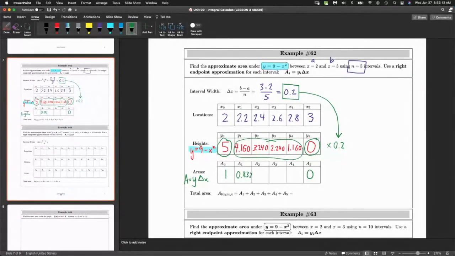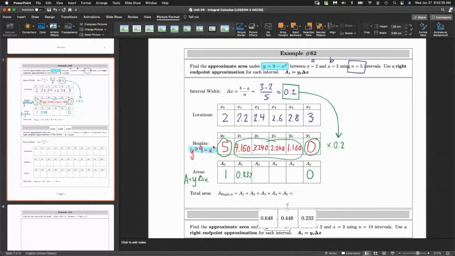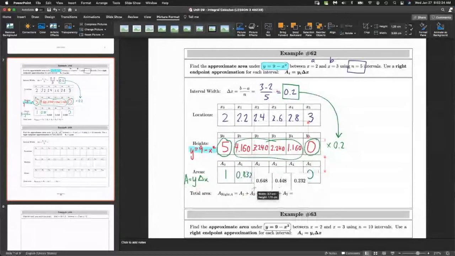Now some of you might be wondering, how many decimal places should I use? Honestly, the more the better. Because I'm the person actually looking over your evaluations, if you don't round enough, I can tell that your answer's off by a bit.